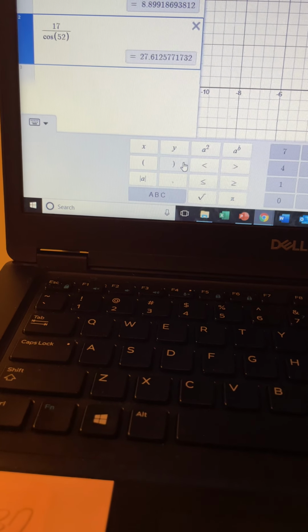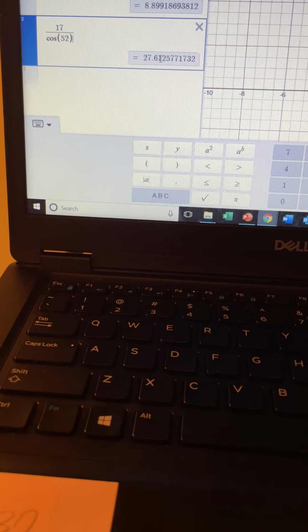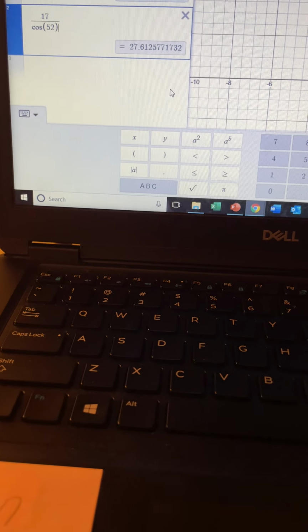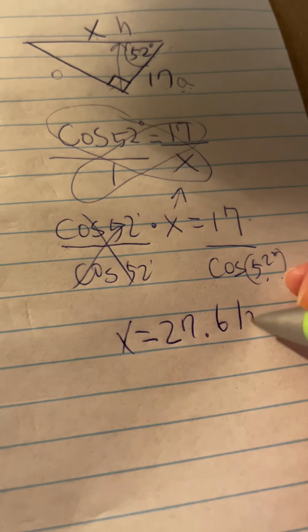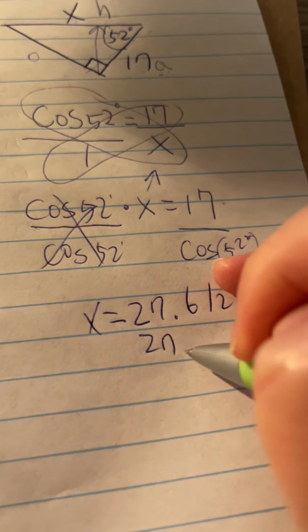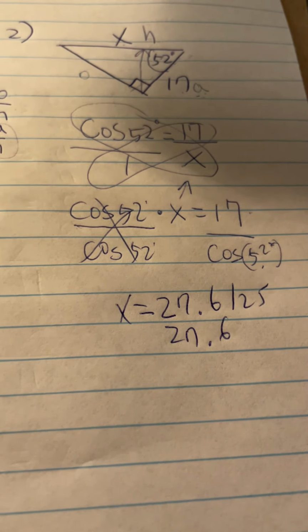And then I get 27.625, or 27.6. So I get x equals 27.6125, or you can say 27.6. So that's how you do this one.